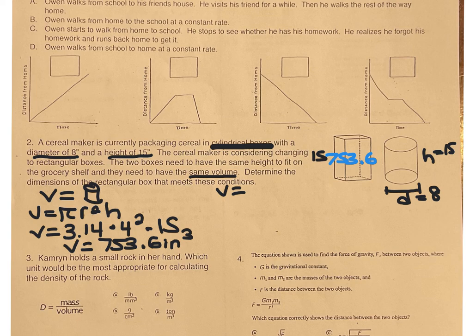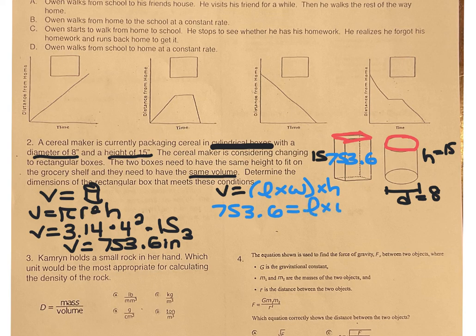Where that was a circle, the area of this base is a rectangle. So to find the volume of the rectangular box, it's going to be length times width times height. The only dimension we know right now is the height, but we do know that it has to have a volume of 753.6. So that will be equal to length times width times 15.